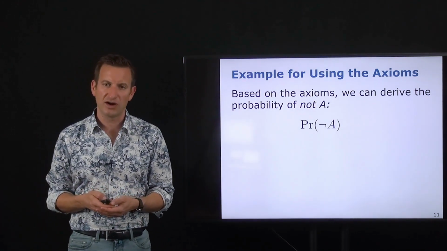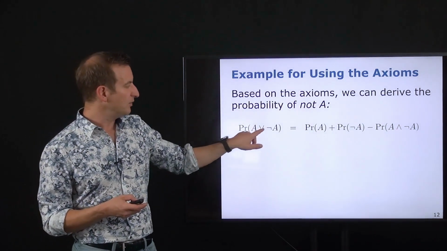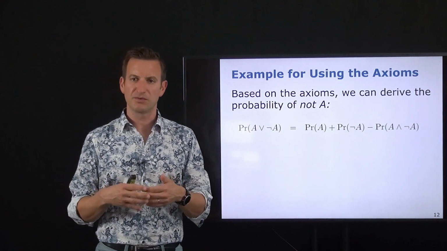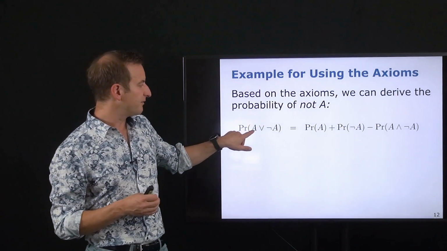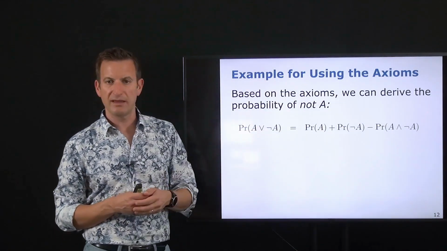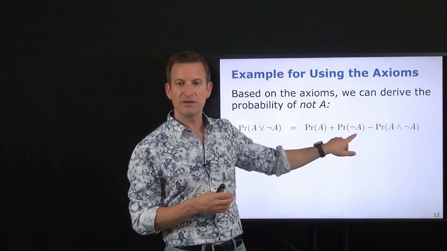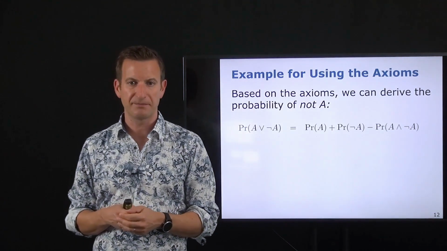Okay, so we can start with using the last axiom and use not A instead of B. So it's the proposition that A is false. So that means the probability of A or not A is, just applying the axiom, the probability of A plus the probability of not A minus the probability of A and not A.